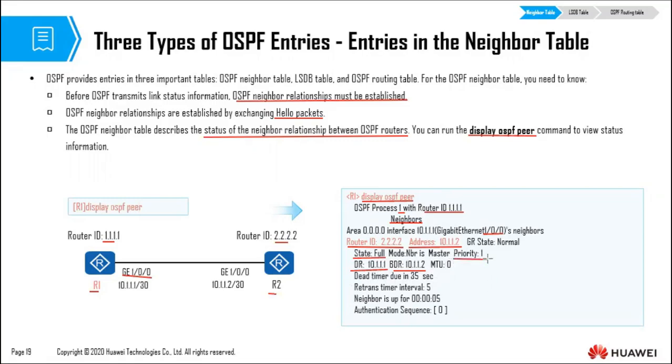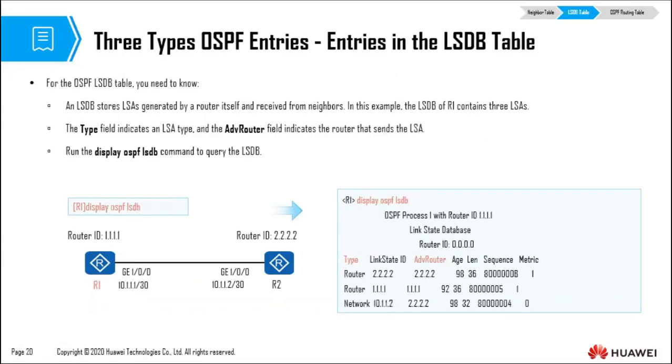The priority here is 1, for example, right? Yeah, the priority of router 2 is 1. Okay, so we're going to understand all those in a short while. But in the meantime, just know that those are some of the details that you get when you look at the neighbor table. Using which command? Display ospf peer.